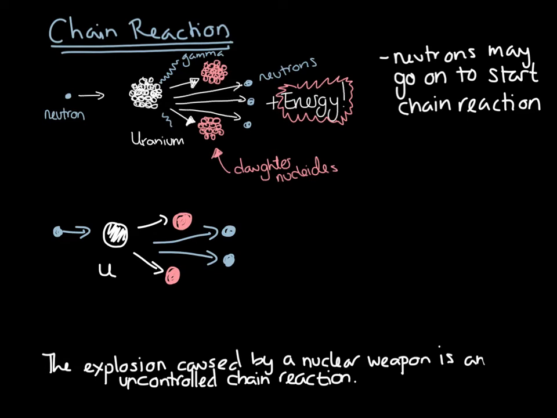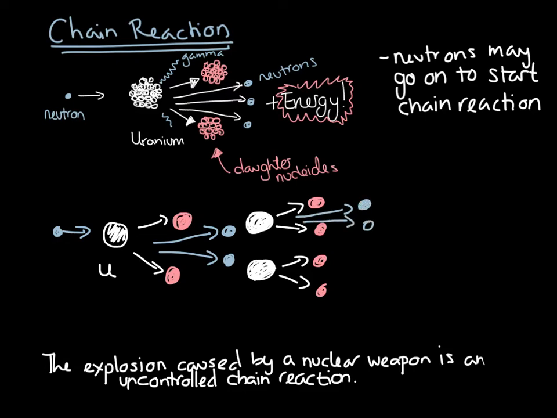draw that again. So this neutron is going to hit this uranium atom, and this neutron is going to hit this uranium atom, and they're then going to split into 2 daughter nuclides, so one there and one there, and then one there and one there, and they're then going to release another 2 neutrons, and this one will release another 2 neutrons.